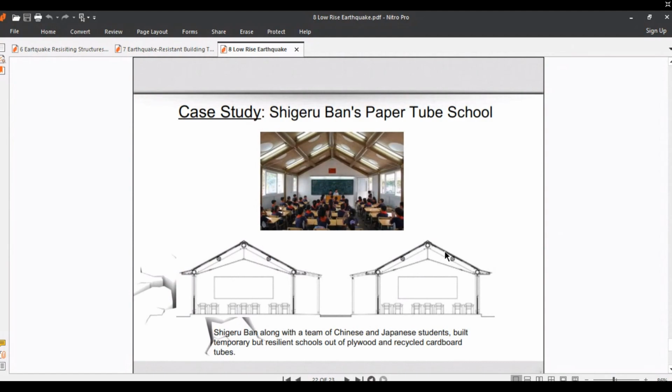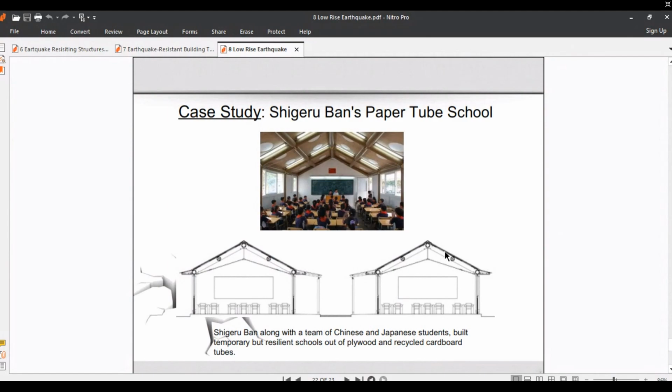Another slide shows one case study, Shigeru Ban's paper tube school. This is homework for the students in the university to design Shigeru Ban's paper tube school.